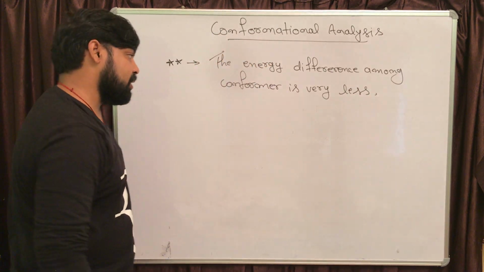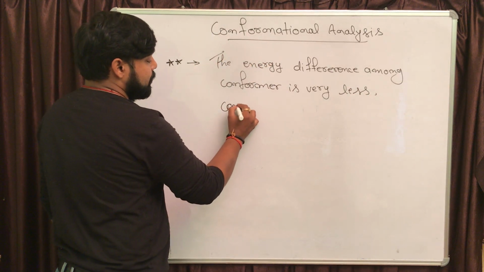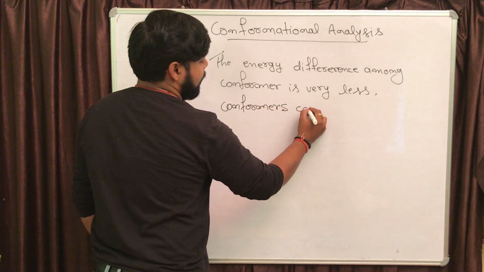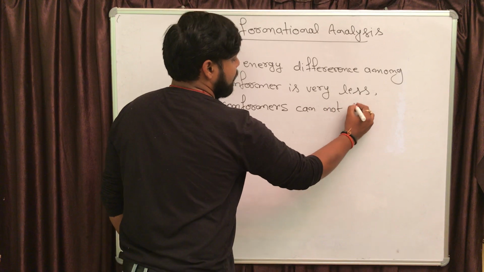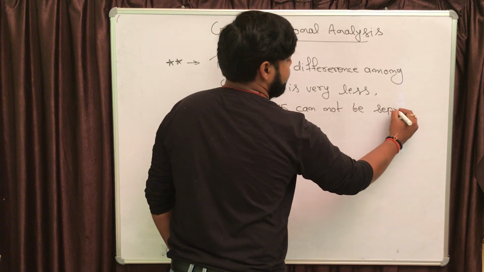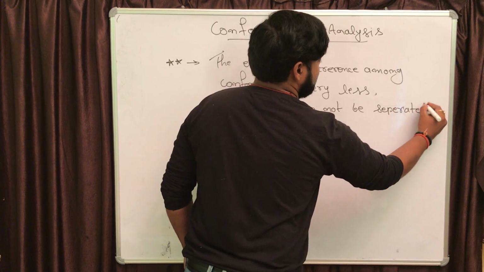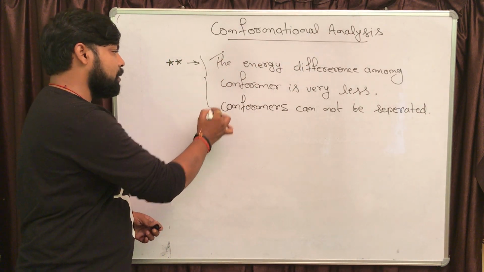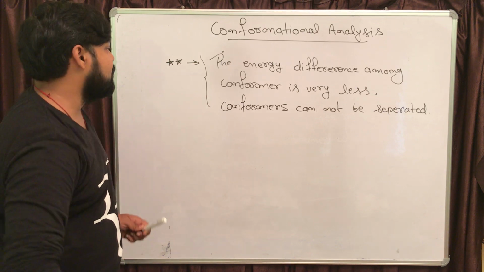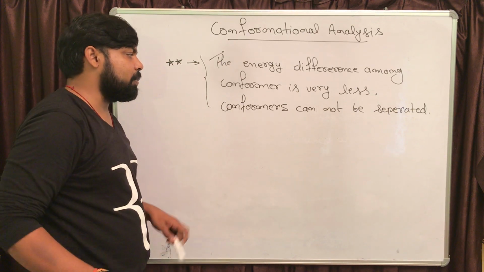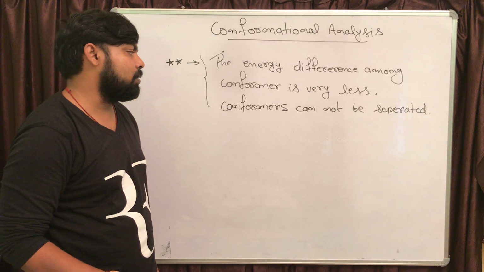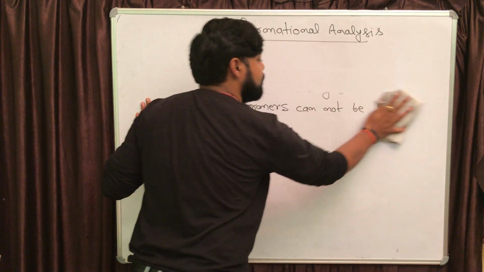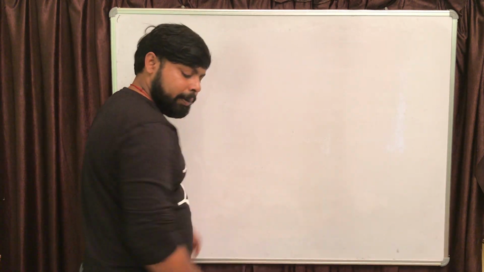That is why it is said conformers cannot be separated. I will explain this statement. Just wait a few minutes. The energy difference among conformers is very less, and that is why conformers cannot be separated. It is important. Just write it. I am going to explain that.